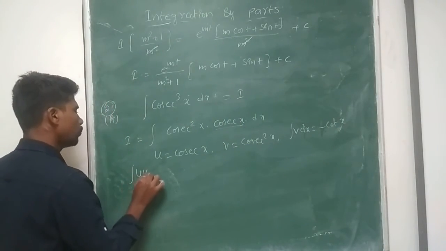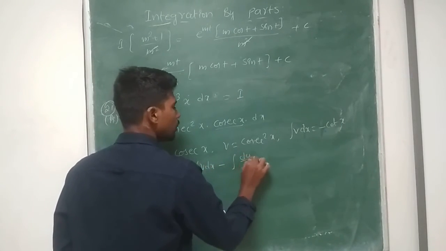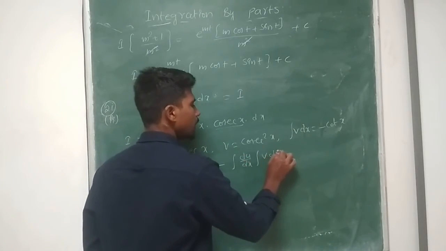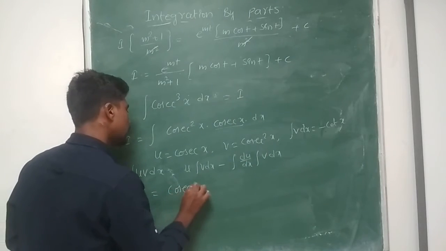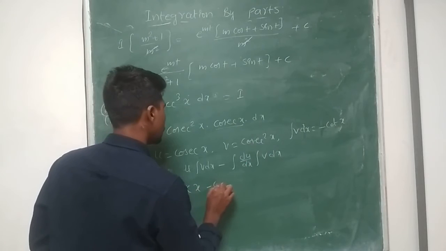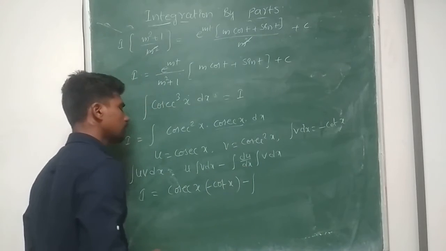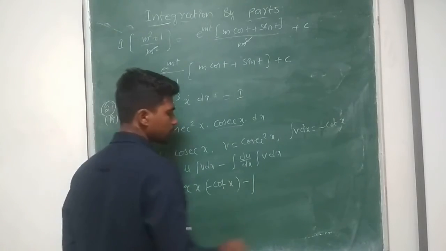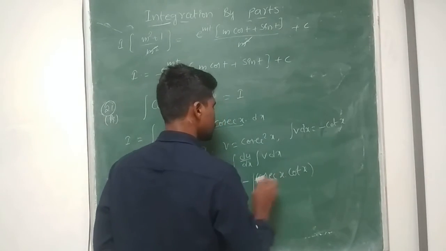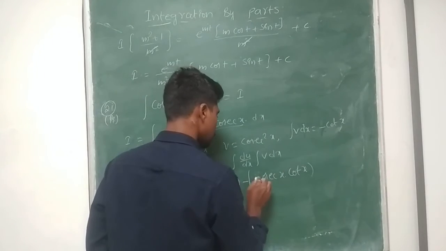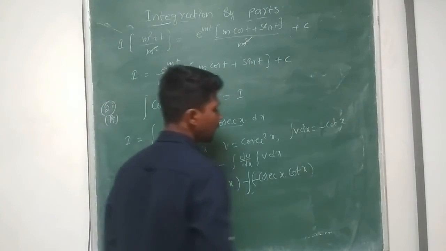Now integral uv dx is equal to u integral v dx minus integral of du by dx into integral v dx. Substitute: I is equal to u, cosecant x, into integral v, minus cot x, minus integral of du by dx, the differentiation of cosecant x with respect to x, which is nothing but minus cosecant x into cot x, into integral v, minus cot x.